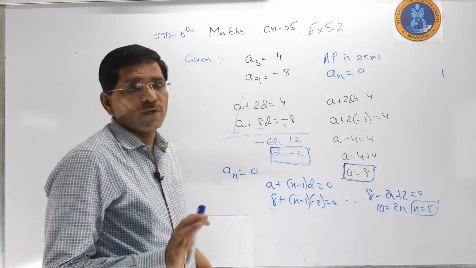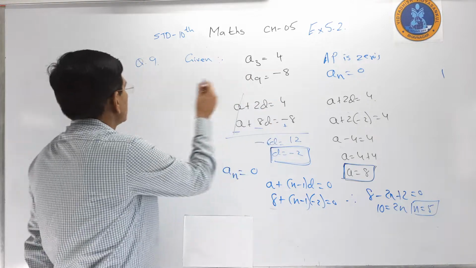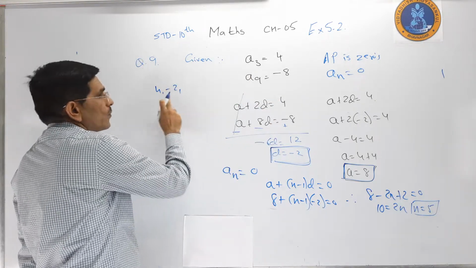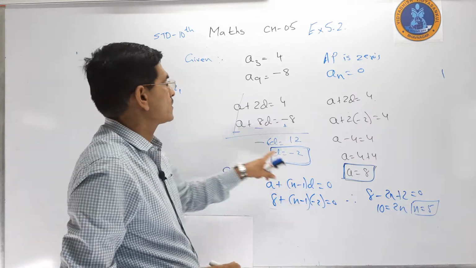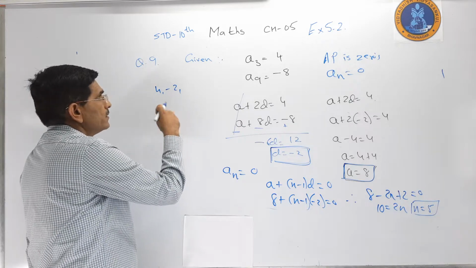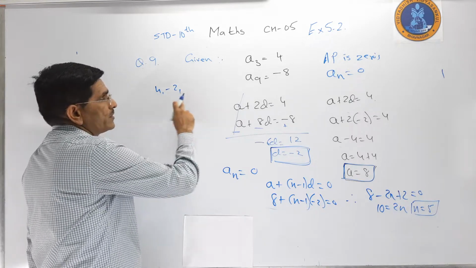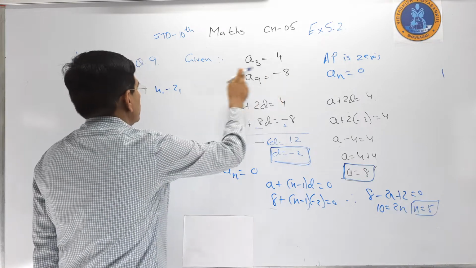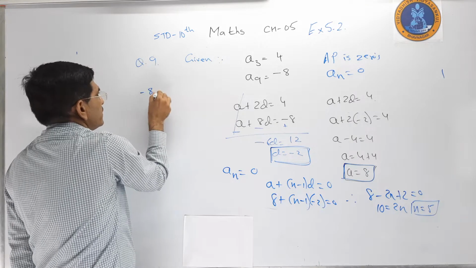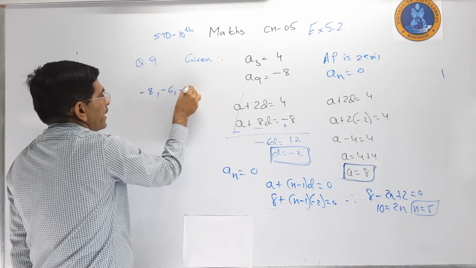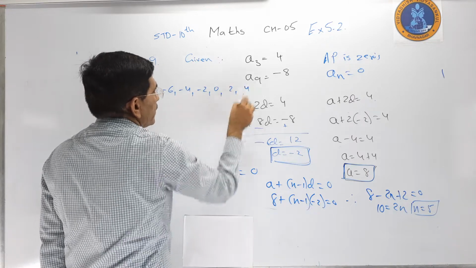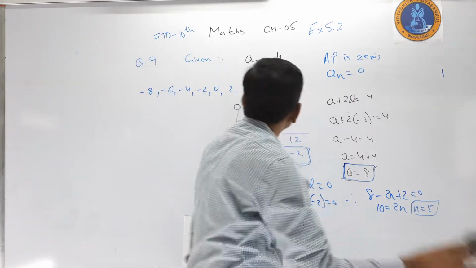If you see properly, 4, minus 2, the difference is minus 2. So after 4 comes 2, again reducing, A9 is minus 8. So actually we have to write like that: minus 8, minus 6, minus 4, minus 2, 0, 2 and 4. But the third term is here.